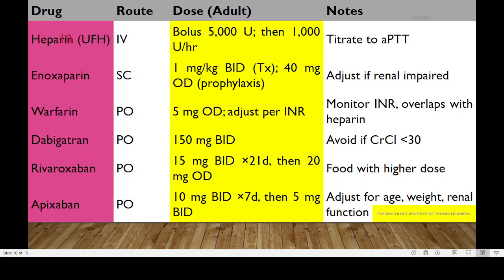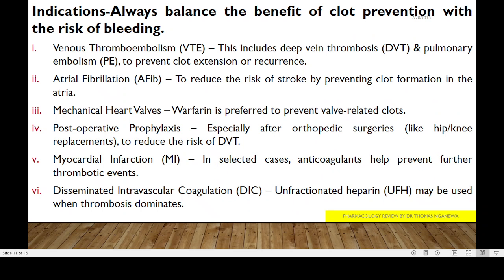You also have rivaroxaban. You give 15 mg BD for 21 days, and then 20 mg OD. Then we have apixaban. You also give it orally, that is 10 mg BD for 7 days, then 5 mg BD. Remember to adjust it for age, weight, and also renal function.